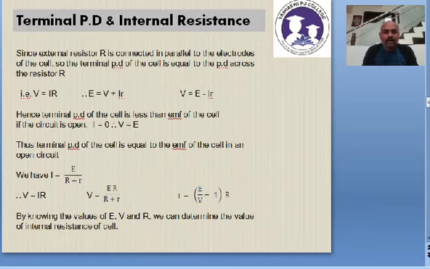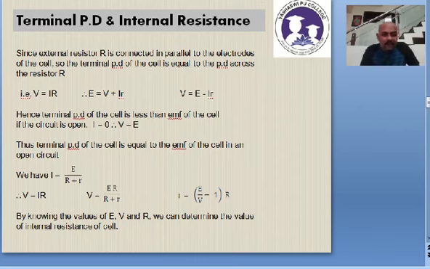So, having understood the three things, one is EMF, what is a cell we know, and we also know what is the EMF of a cell, also we know the internal resistance of a cell. So, after understanding the internal resistance and the EMF of a cell, it's time to understand what is terminal potential difference.